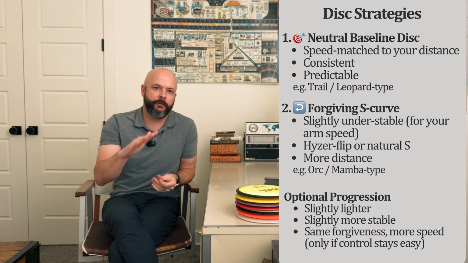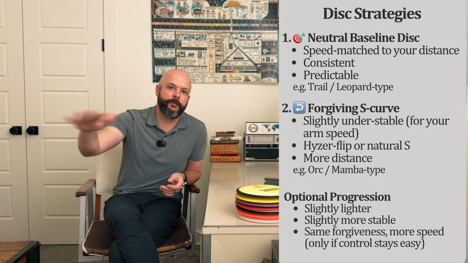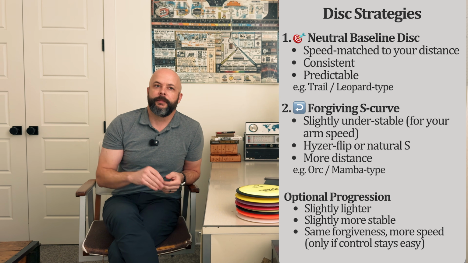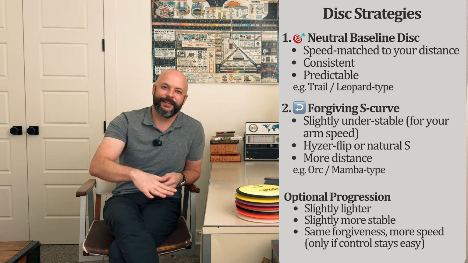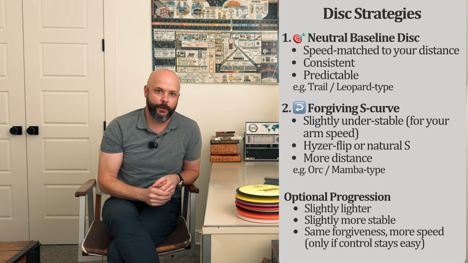So you might be able to progress towards slightly faster arm speed, resulting in slightly farther distance. However, you're going to have to find the disc that's forgiving and does that full S-curve at that lower weight for you.